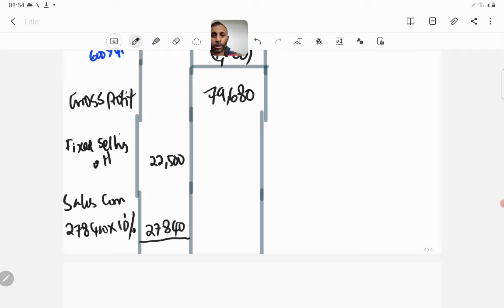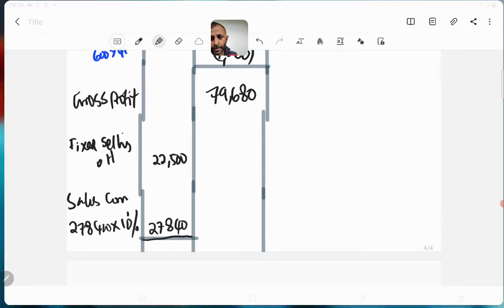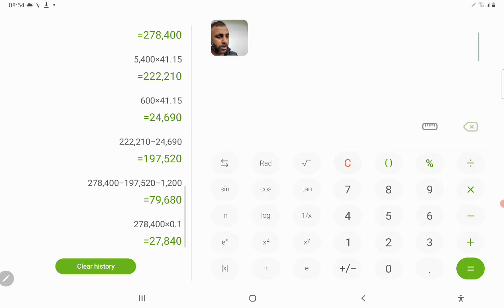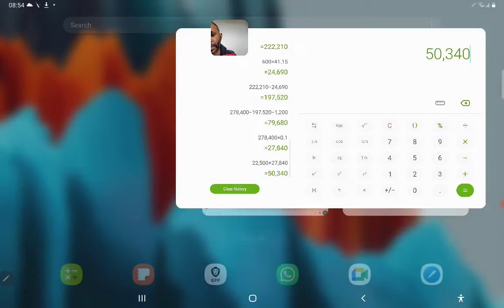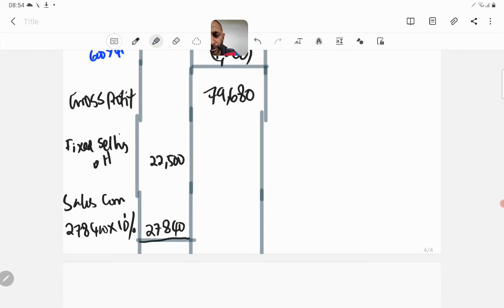Then we take the total of these two: 22,500 plus 27,840 comes to 50,340.